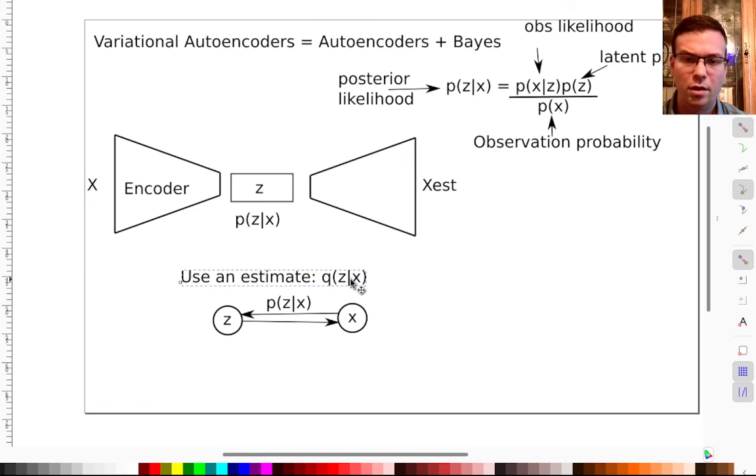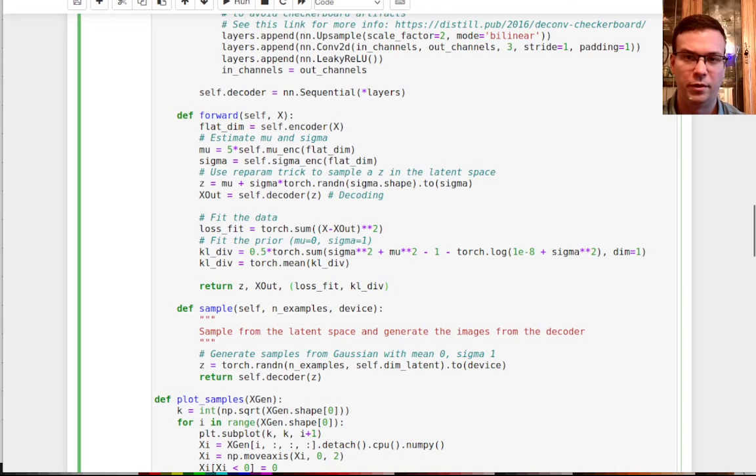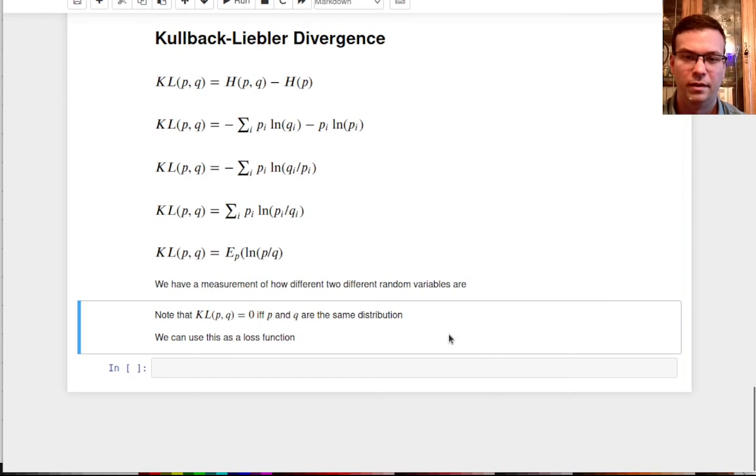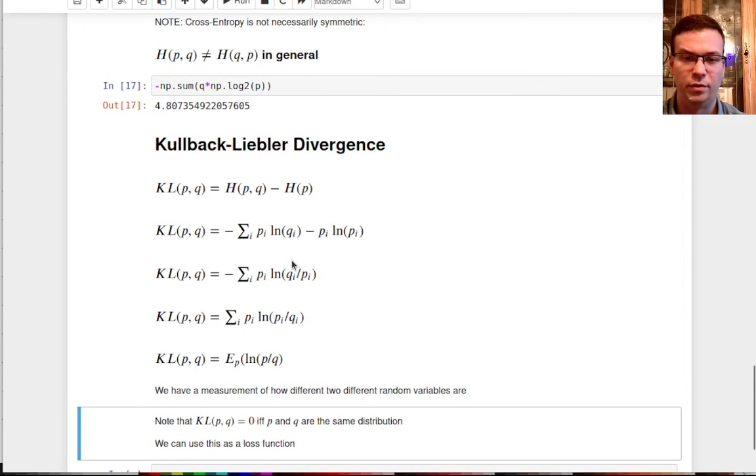And so let's think of the loss function that we might be able to use to compare how good q of z given x is at matching the true posterior likelihood p of z given x. So I want to use some kind of Kullback-Leibler divergence. That's what I just established a moment ago, that this was a good way of comparing probability distributions.